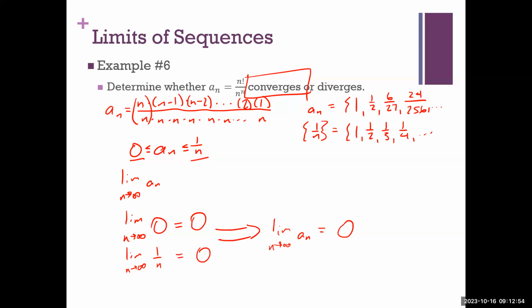Both are decreasing towards 0, but a sub n is decreasing at a higher rate. Can we get a decimal representation for 6 over 27?